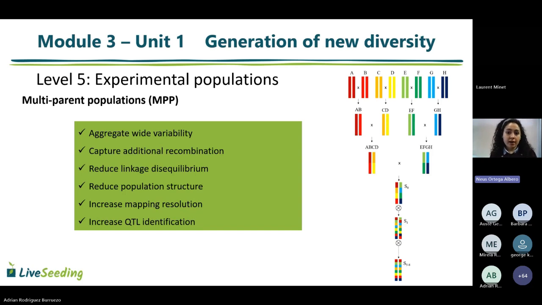The most popular multi-parent population designs in plant breeding are nested association mapping and multi-parent advanced generation intercross. Next slide.